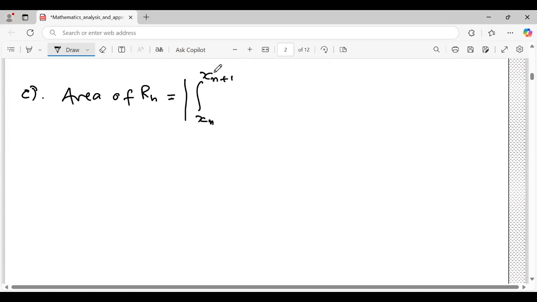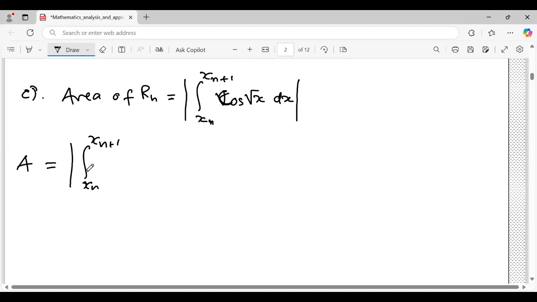So the integral from xn to xn plus 1 of cosine square root x dx. We are going to find that integral of cosine square root x, the area, is n plus 1.